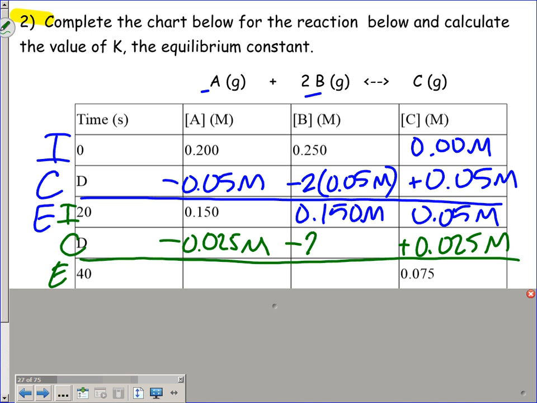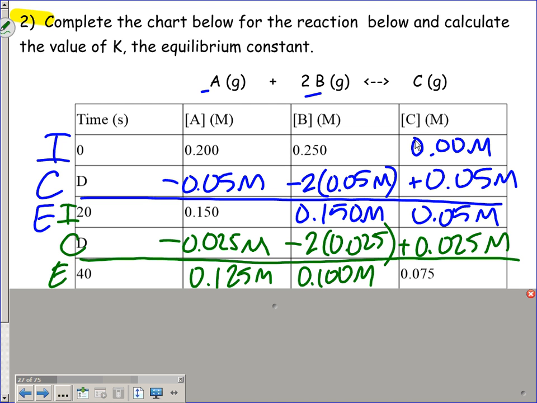I'm just going to write it as, for my purposes, minus 2 times the x value that's being subtracted. So then this one's already set. What's this at the new endpoint? 0.125 molar. So that's 50 minus 25, right? 25.